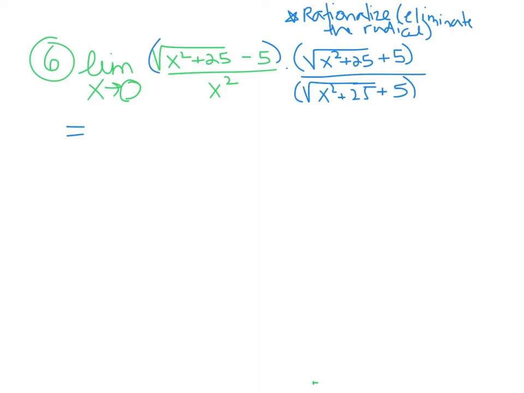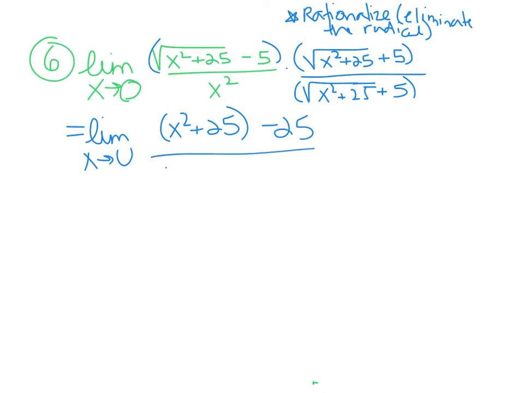I recommend that you pause and do this on your own. So when you work this out, we still keep our limit sign there, by the way. I end up getting x squared plus 25 minus 25 all over x squared times this really ugly expression.